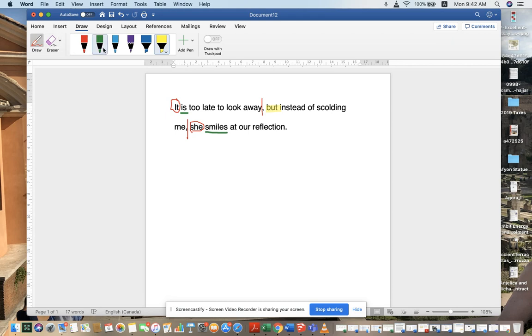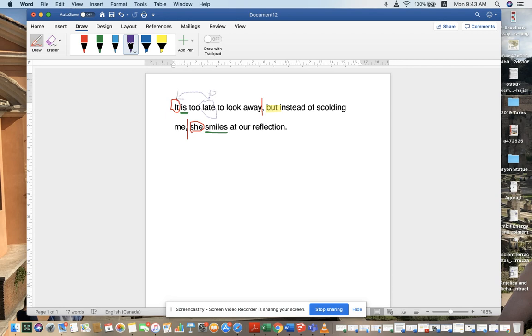"It is," what it is. Whenever we see "is," these are called linking verbs. They link some kind of noun to its subject, defining what it is. So what is it? It is late.